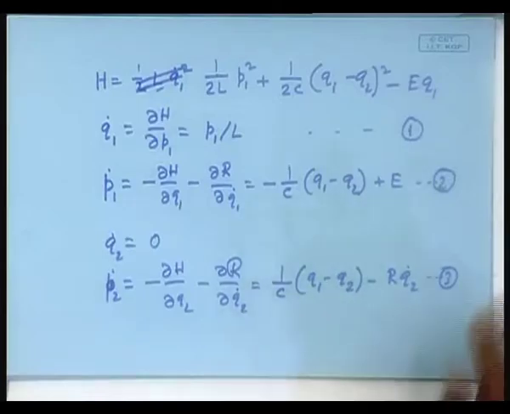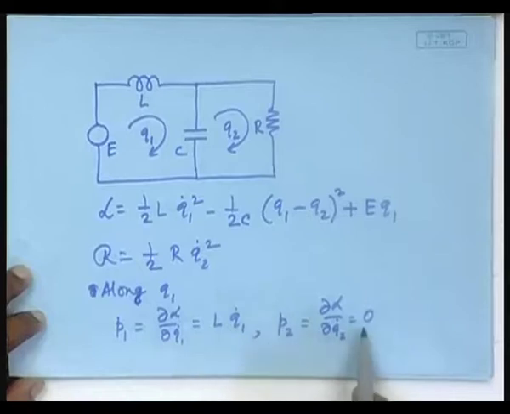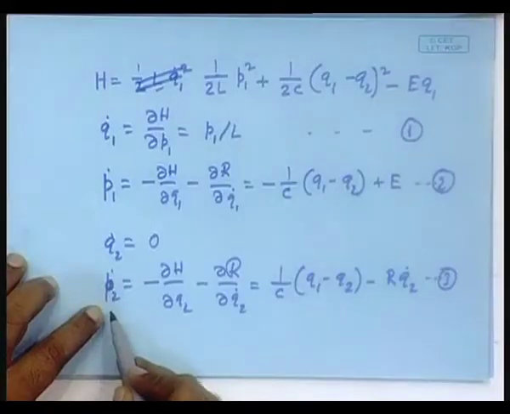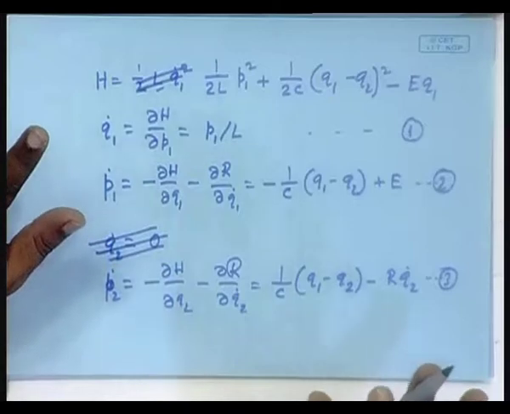where is P2? It is 0. P2 is 0. If P2 is 0, P2 is always 0. What is P2 dot? Obviously 0. So if P2 dot is 0, actually this is not correct. All that we can say is we could not evaluate it.